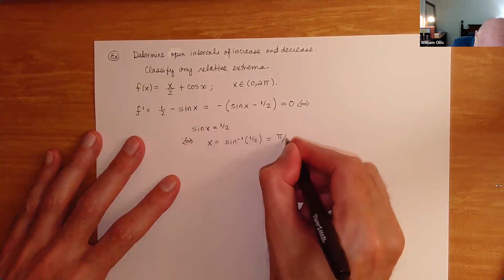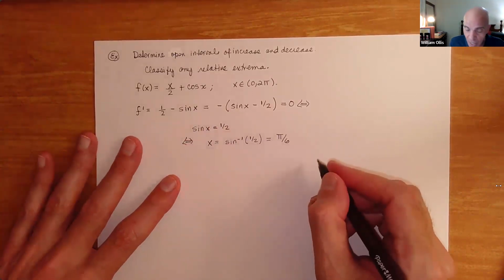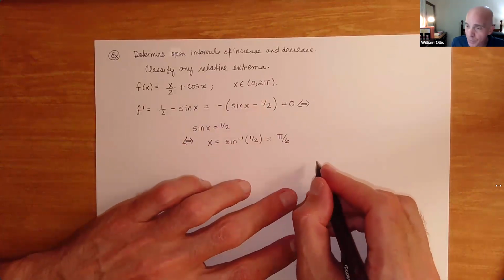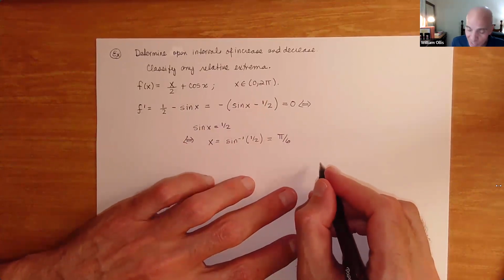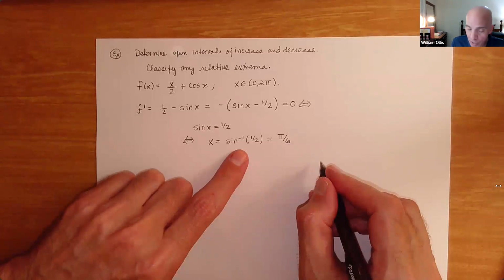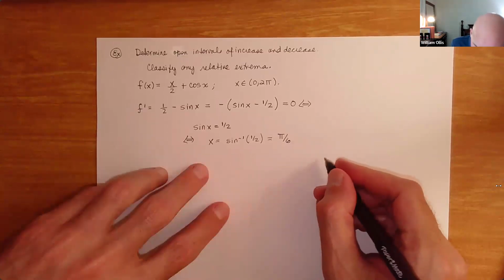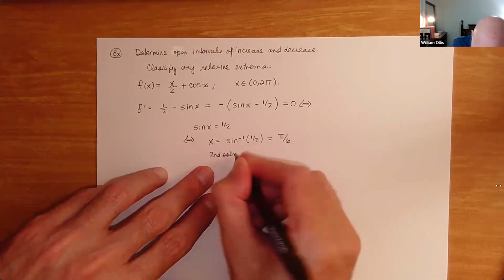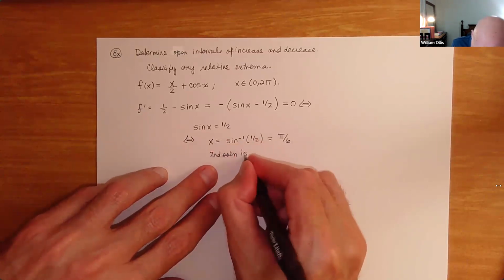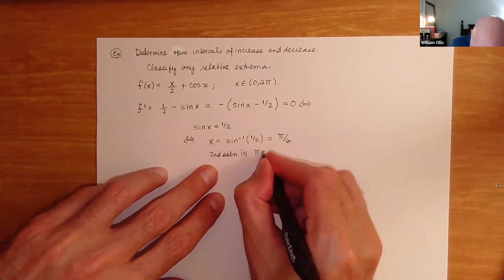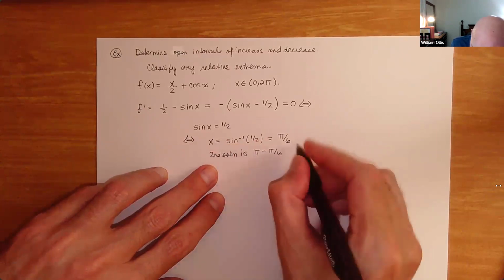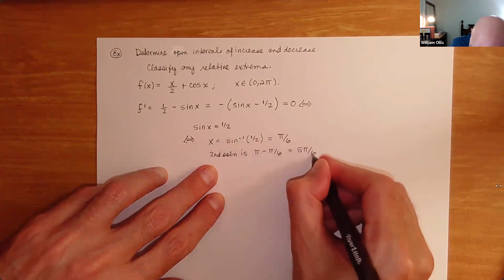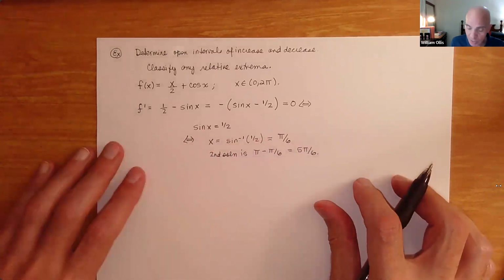But of course, now we know that the sine function is not 1-to-1 in 0 to 2 pi. So we use, what is it, Professor Ron's lemma, which basically means we have another solution in the upper arc. And we'll just say second solution is pi minus pi over 6, which is now 5 pi over 6, just using the symmetry of the unit circle and the fact that the sine function is odd.